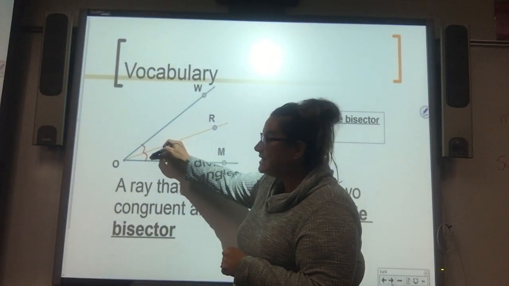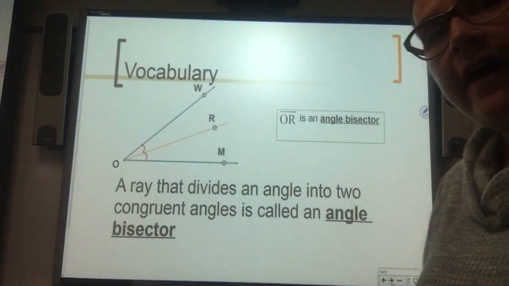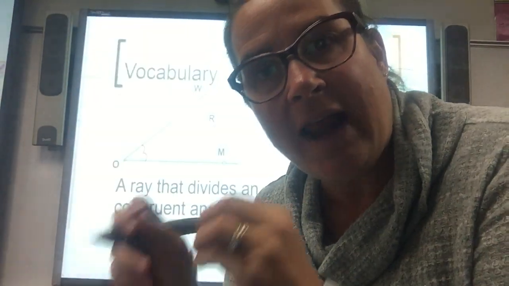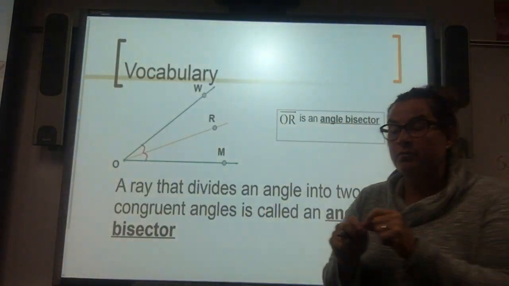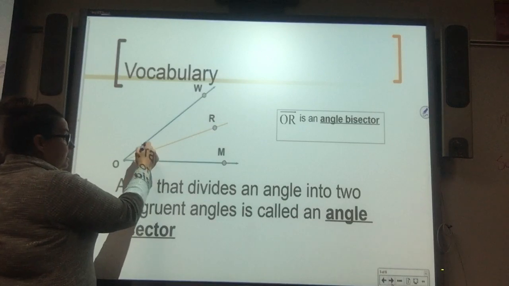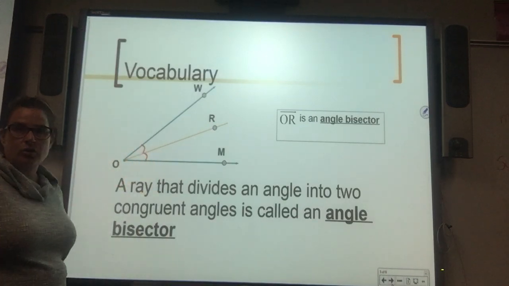We use these symbols to show you that they're the same. We never, ever say it looks like it in here. We've got to have proof. It doesn't look like they're the same. We have to have proof. And in a picture, this is how we have proof, right here. These symbols mean congruent.